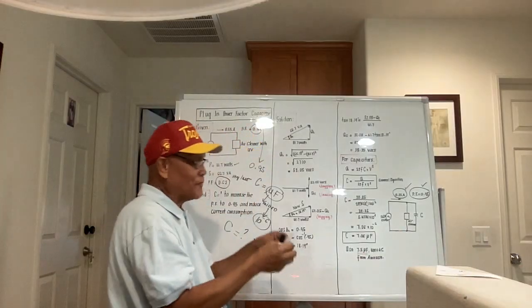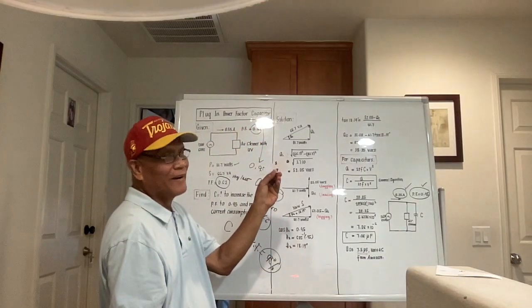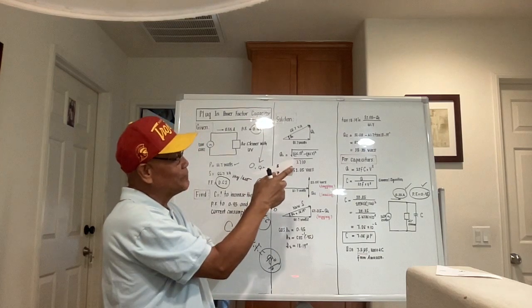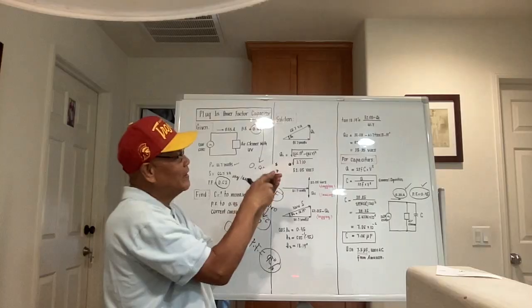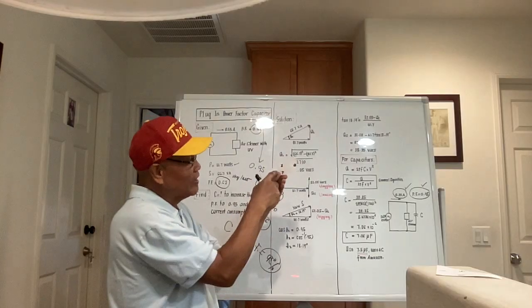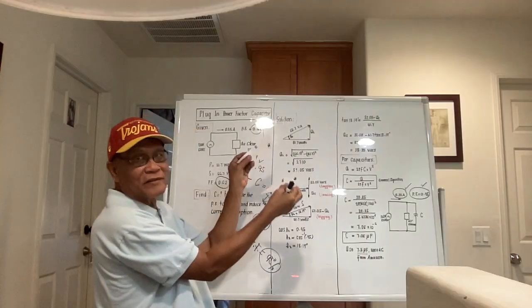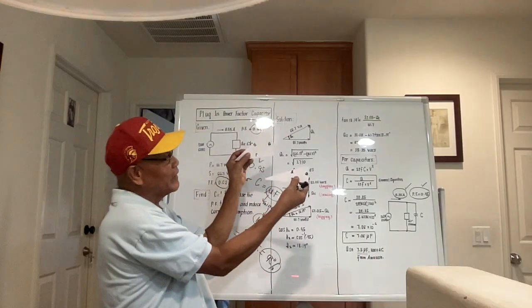If I got another power triangle, this is true power also, this is reactive power, and this is S. This triangle here is smaller than this first right triangle, right? Bigger, smaller.